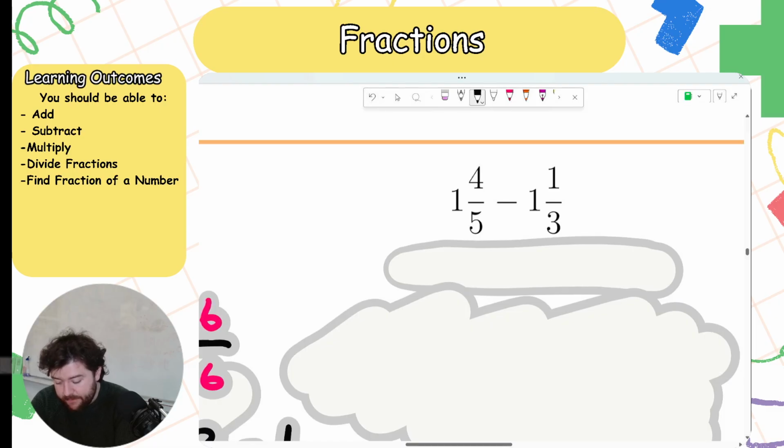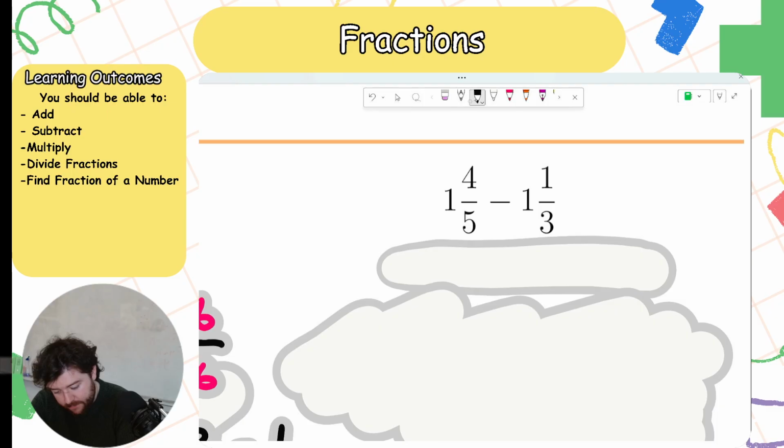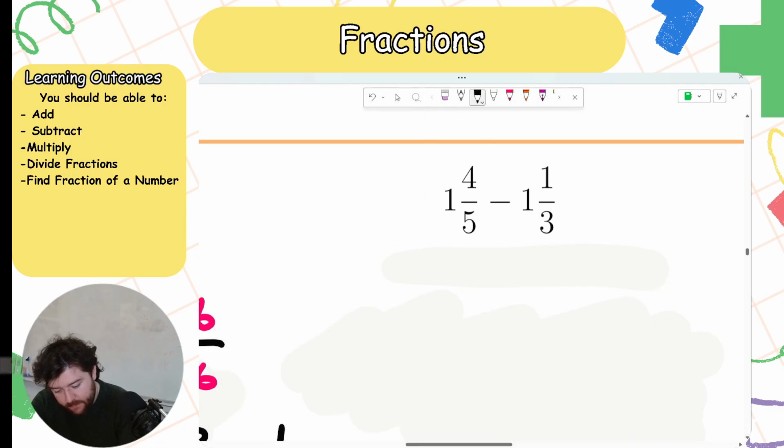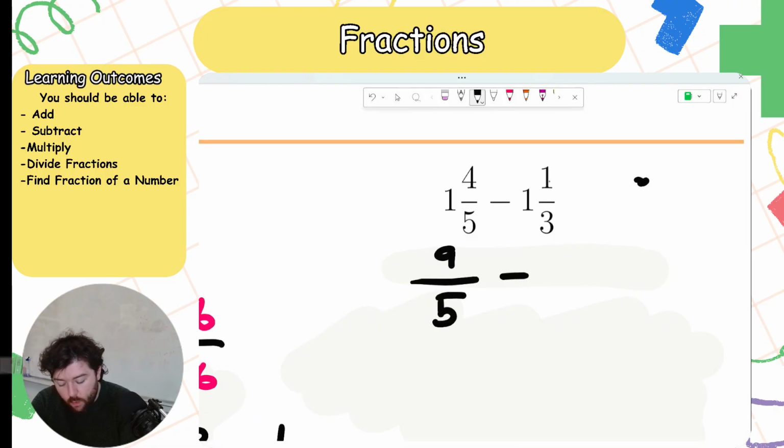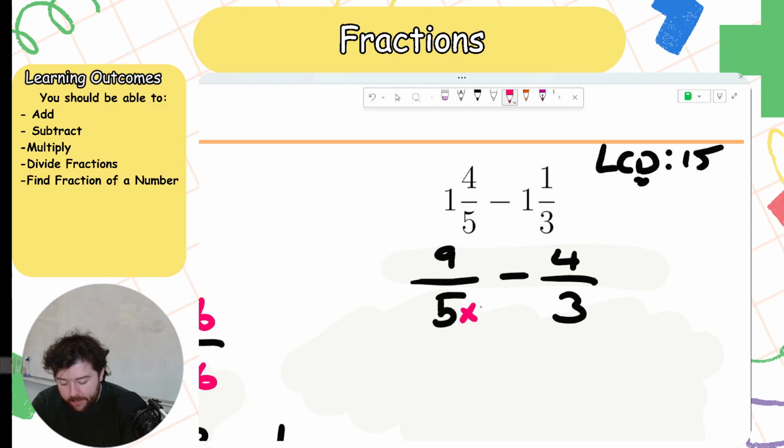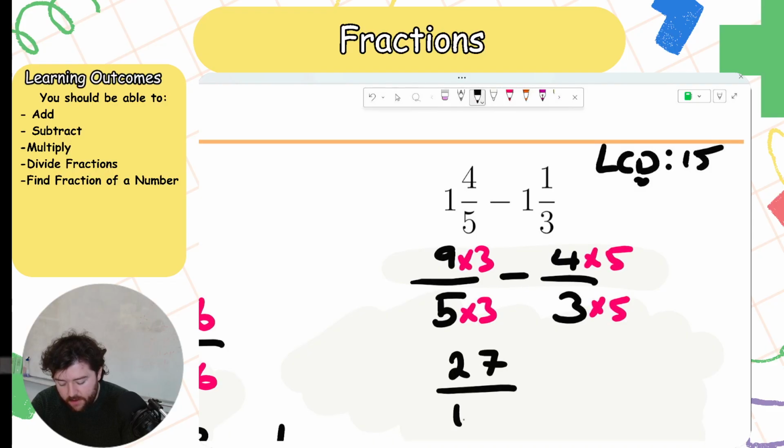Let's try one more with mixed numbers, so we just add the whole number part. So my lowest common denominator, I'm going to convert and subtract.